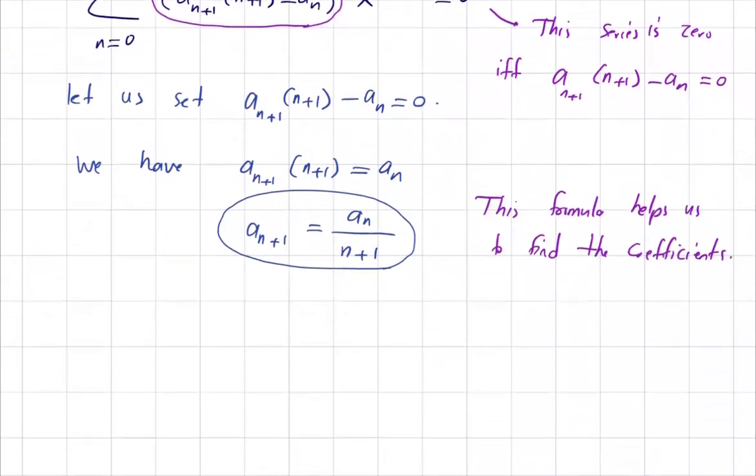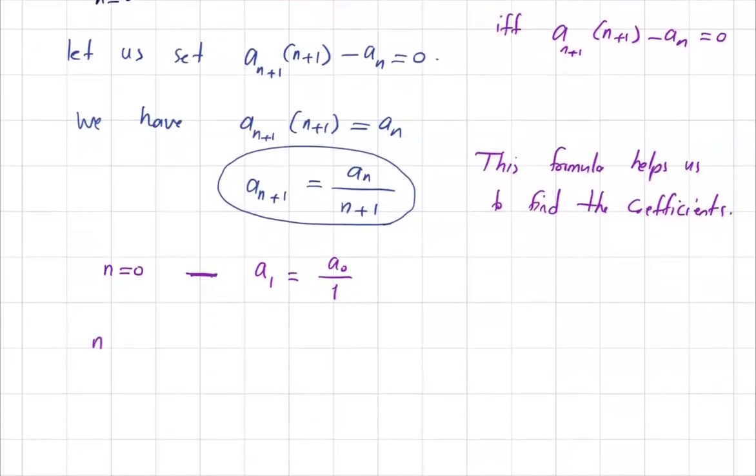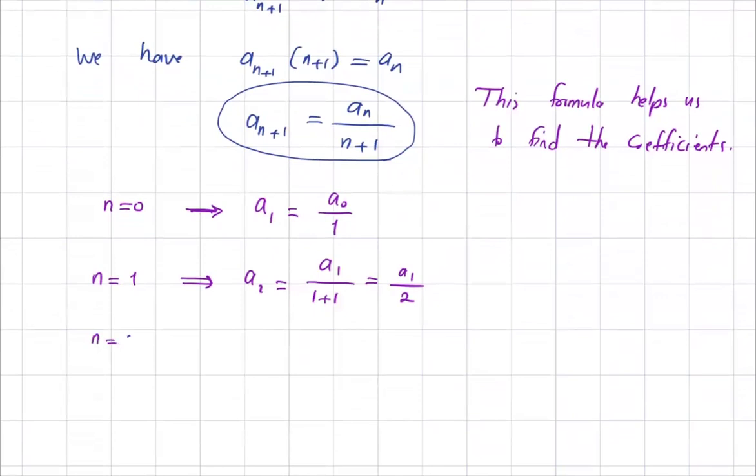So, for example, if n is equal to 0, a sub 1 becomes a sub 0 divided by 1. When n is equal to 1, a sub 2 is equal to a sub 1 divided by 1 plus 1, or a sub 1 divided by 2. When n is equal to 2, a sub 3 is equal to a sub 2 divided by 2 plus 1, or a sub 2 divided by 3.